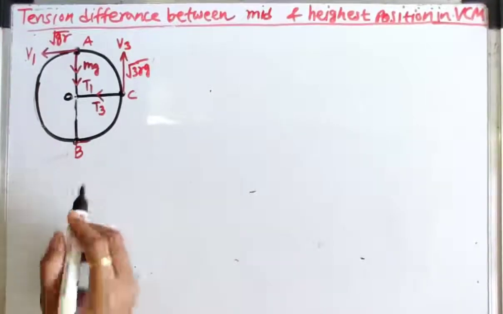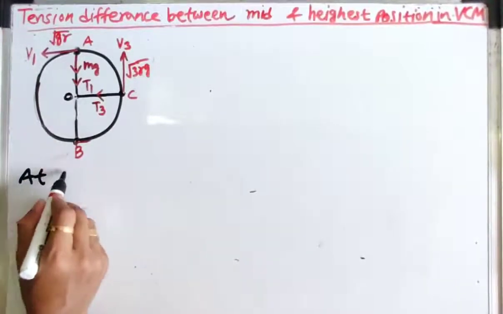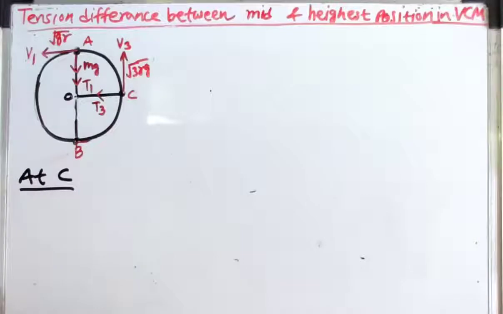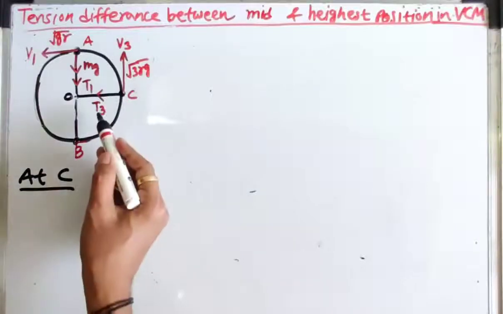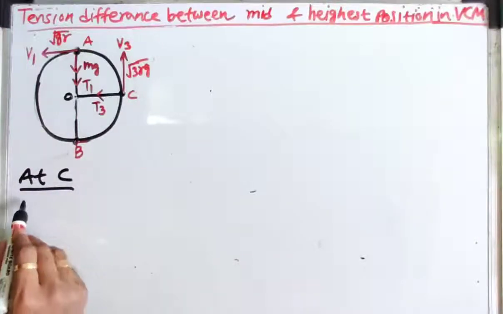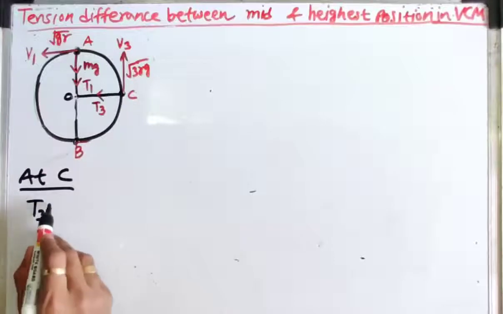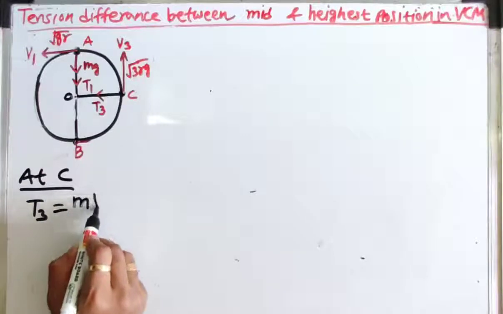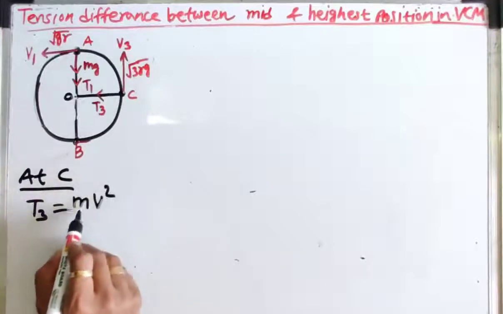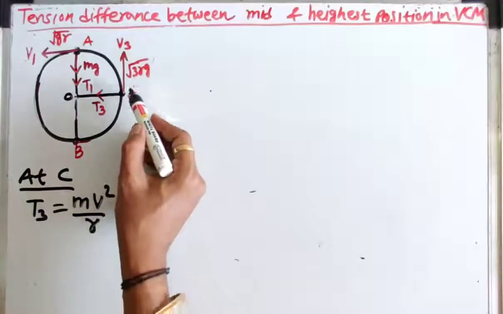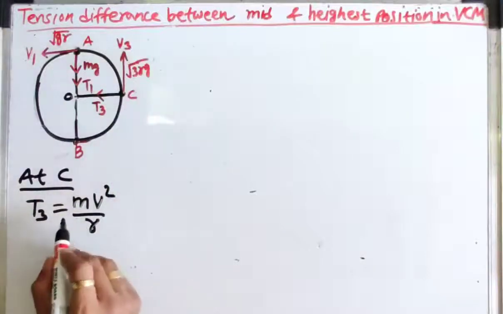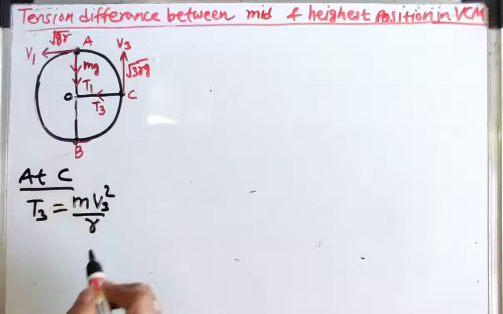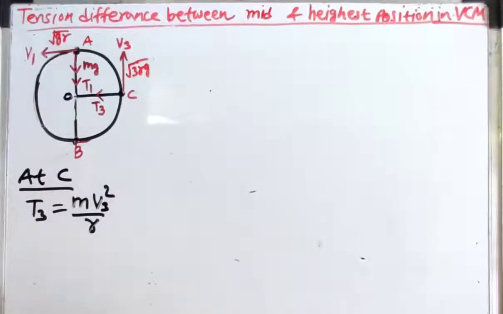Now at the mid position, that is at point C, the tension T3 is completely given by the centripetal force. So we can write tension T3 is equal to mv square upon r. Here we have assumed it as v3, so mv3 square upon r.